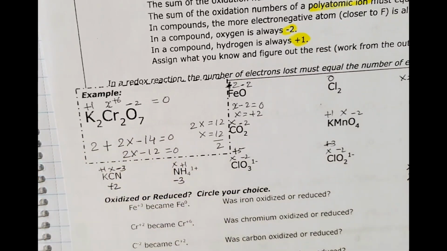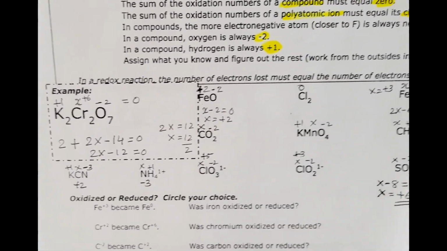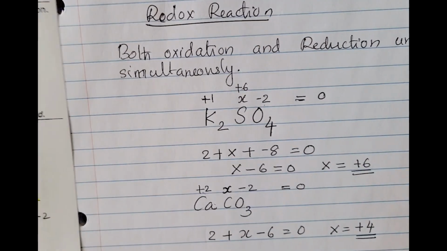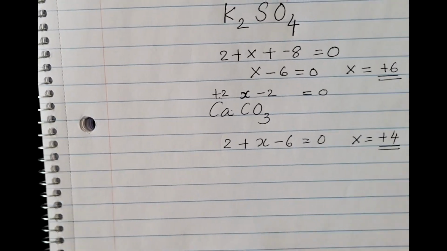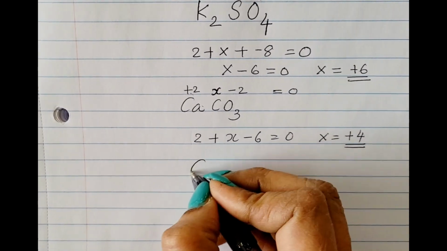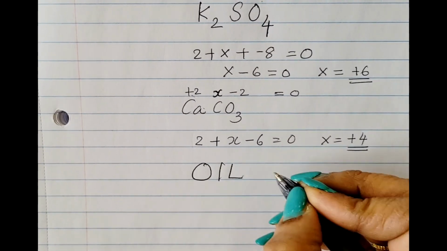Okay, now we are going to decide the oxidation or reduction. For that, there is a mnemonic, I don't know if it's a mnemonic or abbreviation. It says OIL RIG.